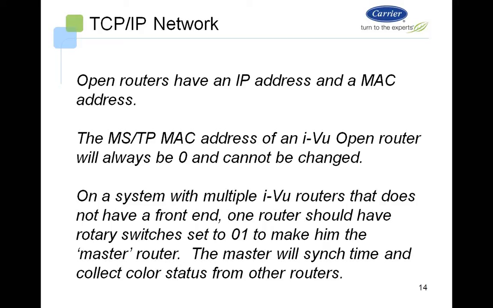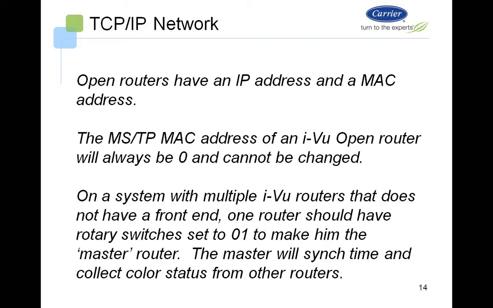The master router in an open system will serve as a time sync master for any other open routers that are part of the system, and will also collect color status, which has to do with your temperature statuses for your various zones or your equipment from the other routers as a central depository in that 0-1 router. And by having this all in one spot, it allows quick access to this information if there were no IV open server on the system.